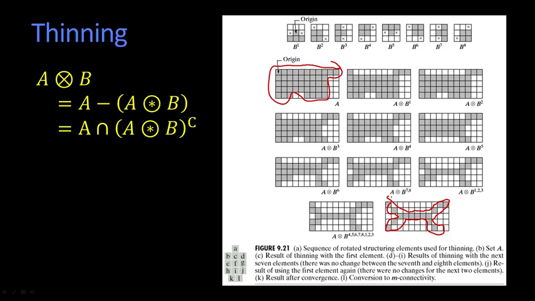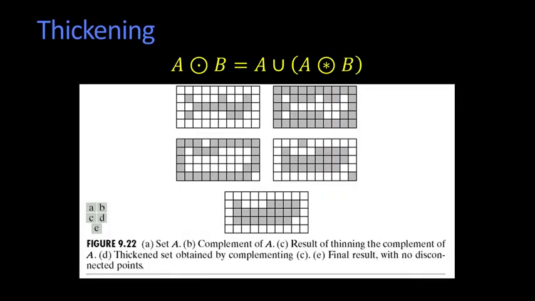There used to be a lot of thought about using skeletons for a variety of shape representations when we were doing models, and people still use it, and that's why I mention it, but I'm not going to talk any more about it. It's just thinning and thickening. And in fact, the thickening is just the inverse of that. So here you have this original thing, and then you're growing it out till you get out towards the boundary of some sort. Again, I'm not going to worry too much about the details.